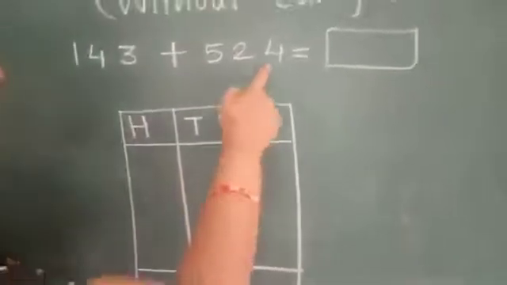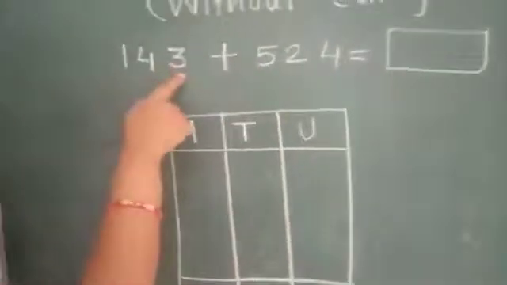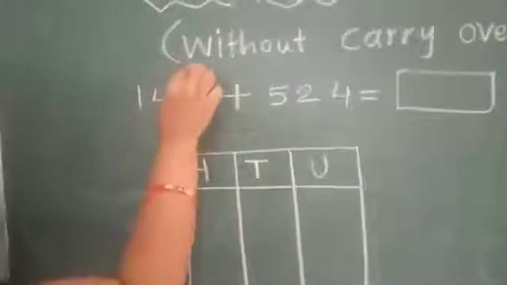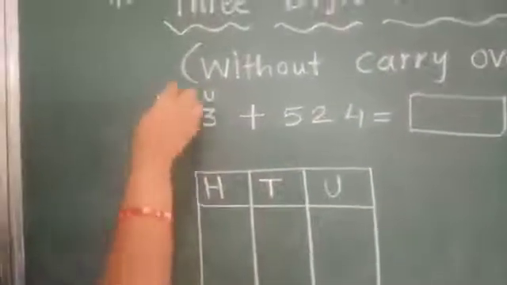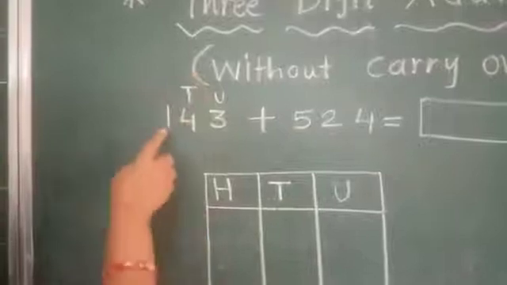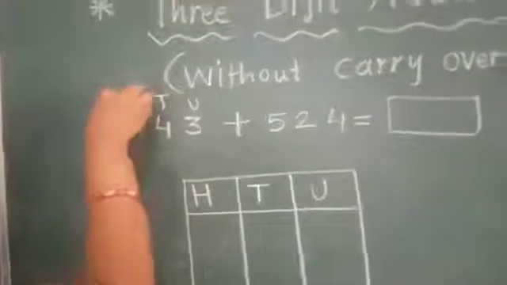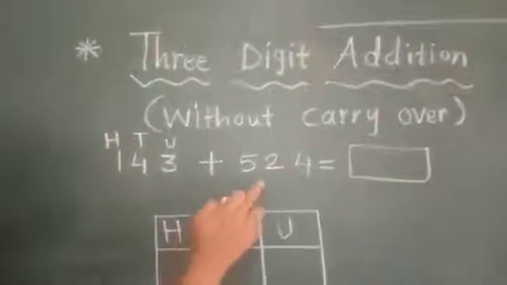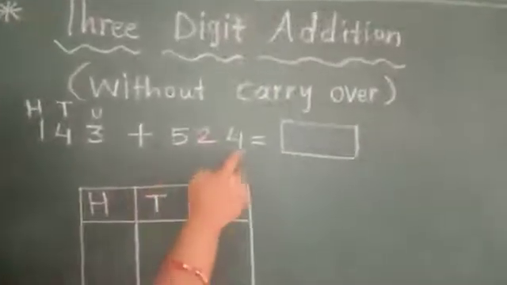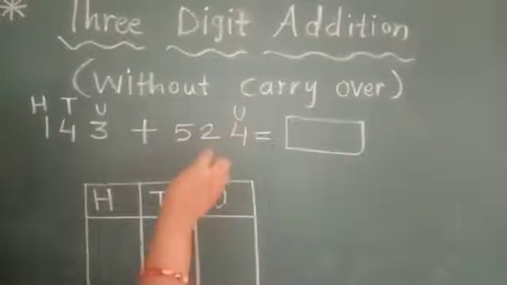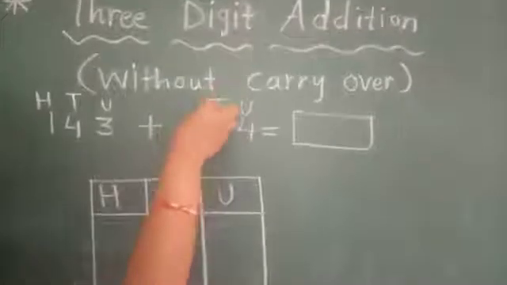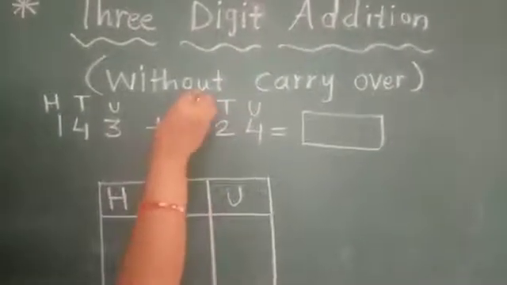Now see, here this 3 is unit, this 4 is tens, and this 1 is 100. Here also we will do the same. This 4 is unit, this 2 is tens, and this 5 is 100.